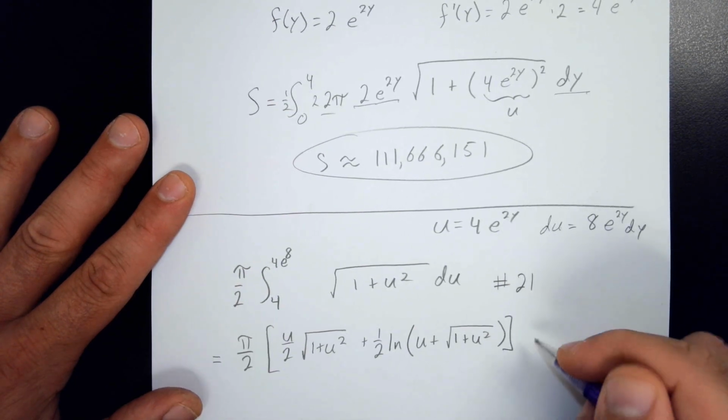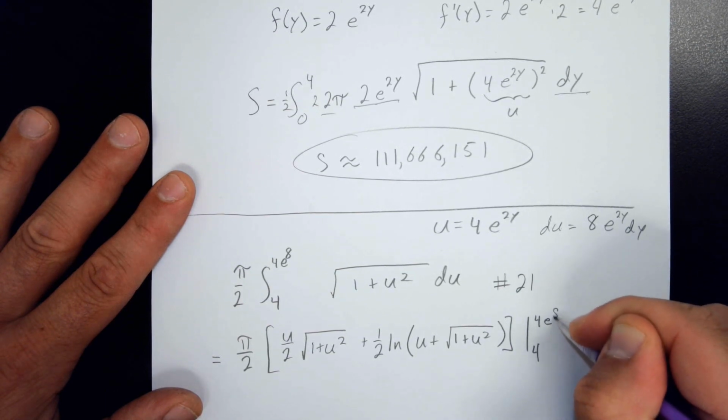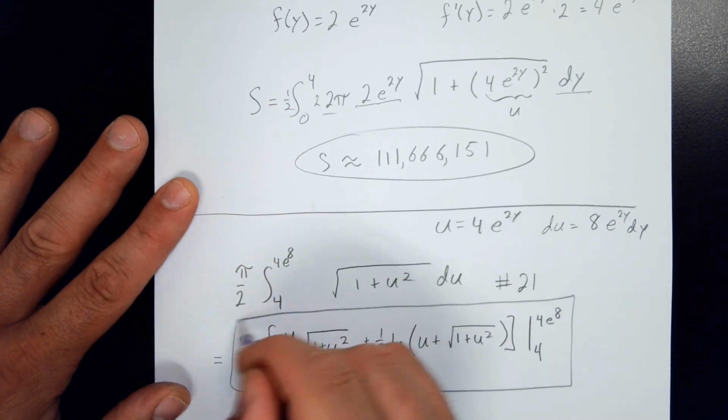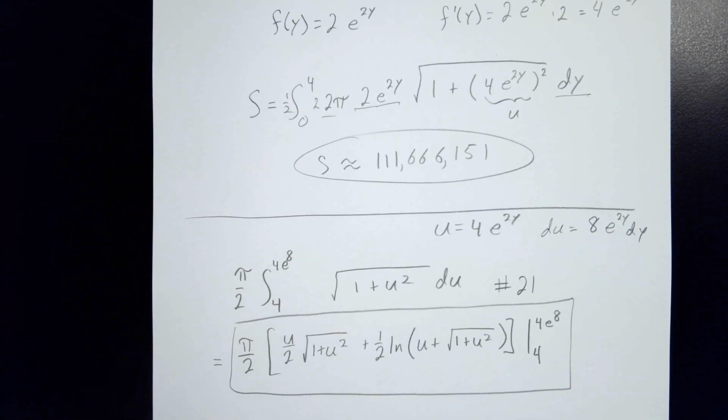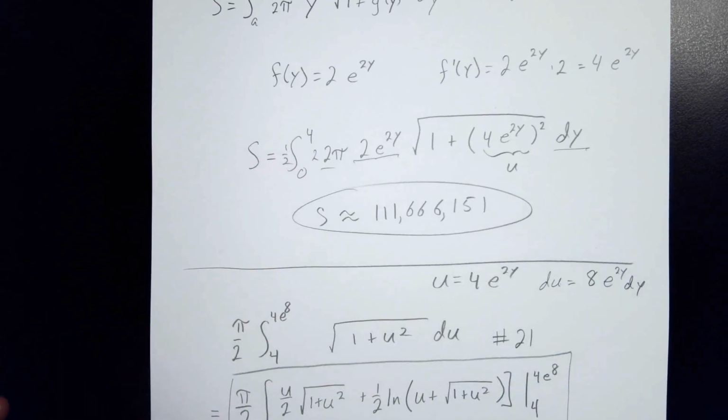You'd evaluate all of that from 4 to 4e to the 8th. Now, this answer is not a very nice answer, and that's not really what you're being tested on in this problem. Plugging into your calculator and getting an answer is fine for this one.